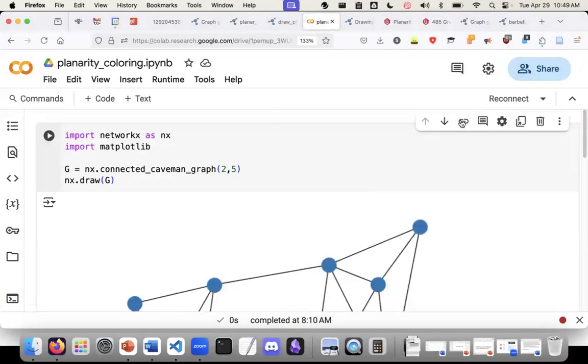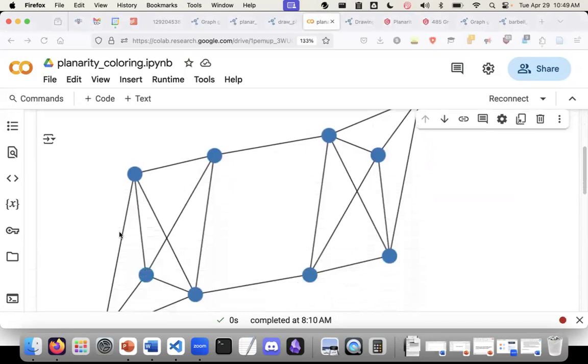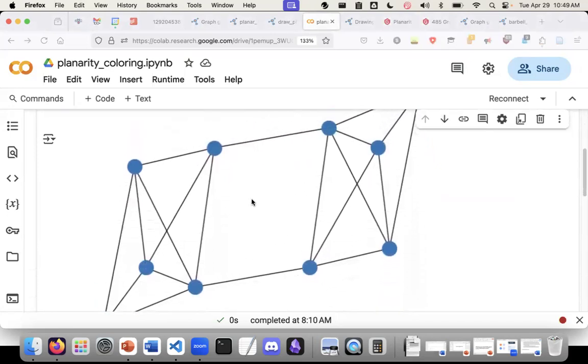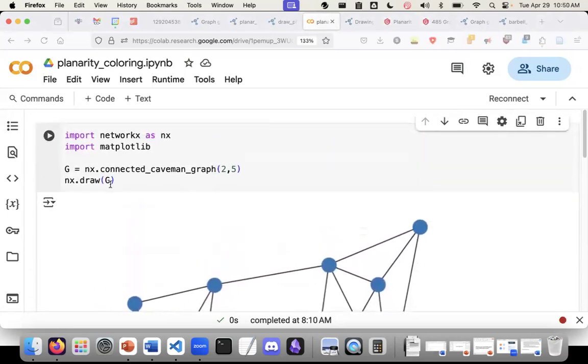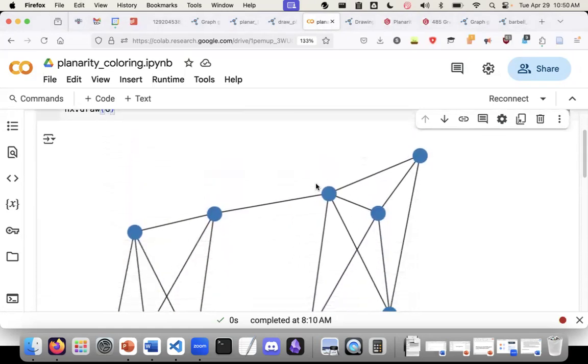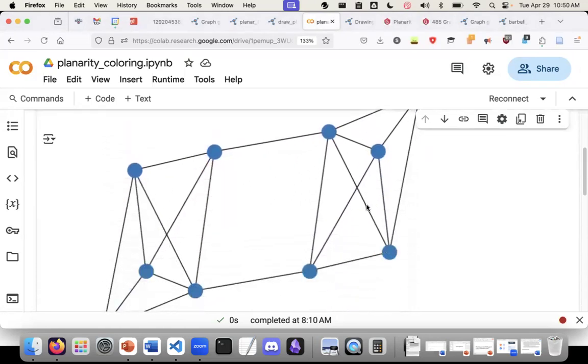So I was just testing this earlier. I've got this connected caveman graph. And so I would generate this graph and then by hand try and figure out, draw those edges, separate them, and is it planar?